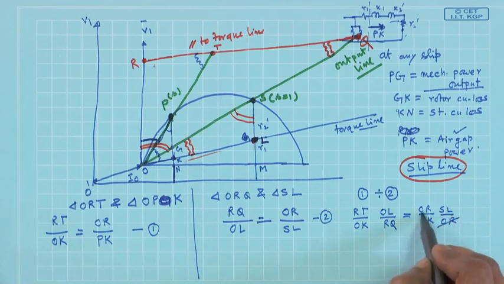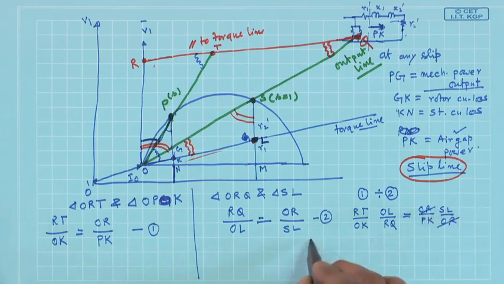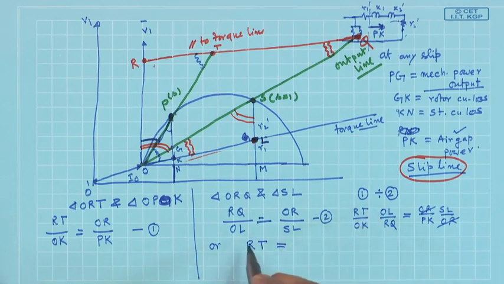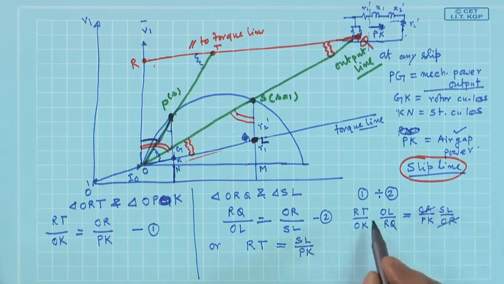So, OR cancels out and you will be left with RT to be equal to SL by PK, and all other terms from this side I will take to the right hand side. So, it will become equal to OK by OL and whole thing into RQ. This will be the thing.